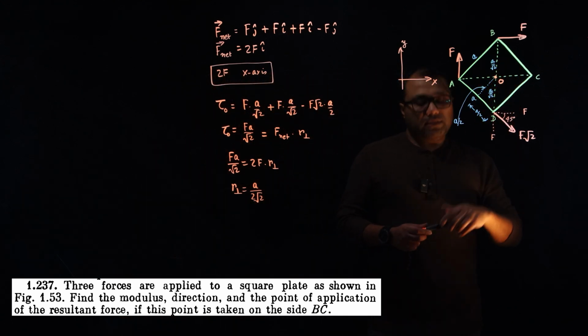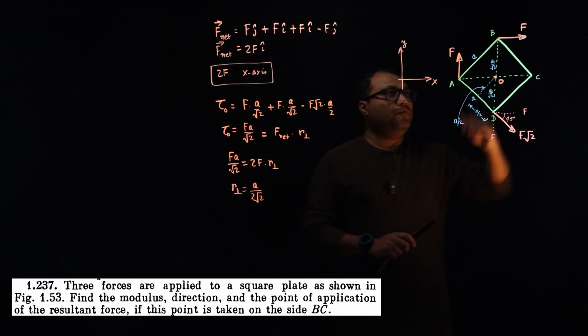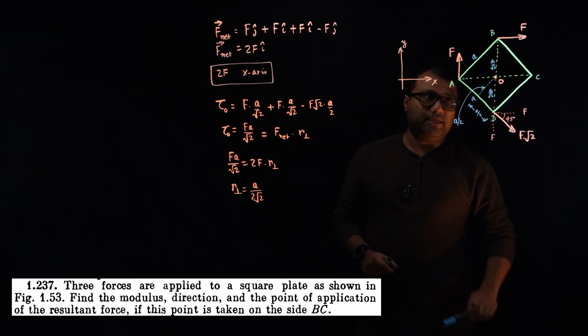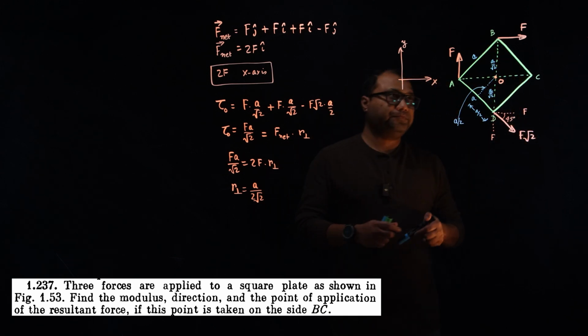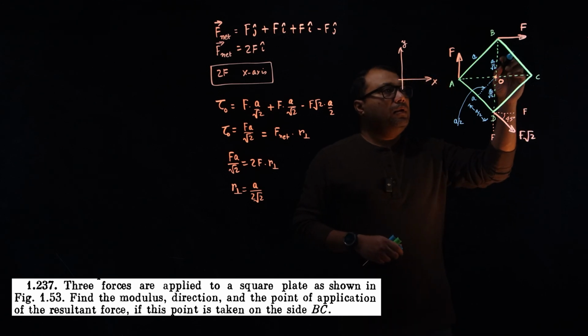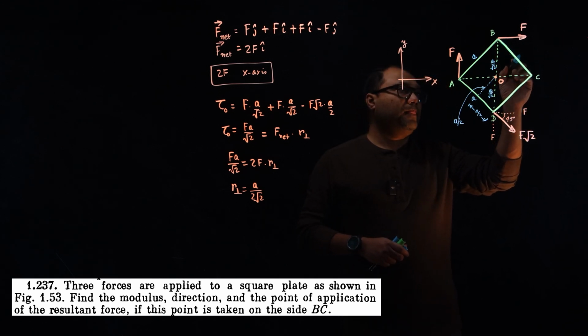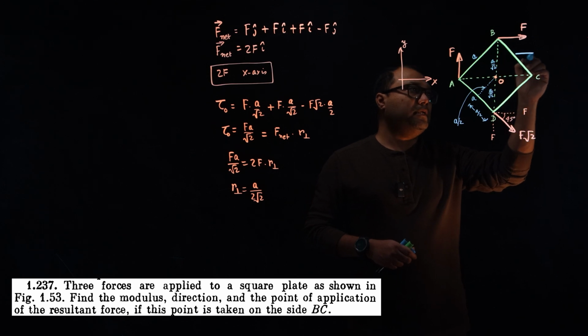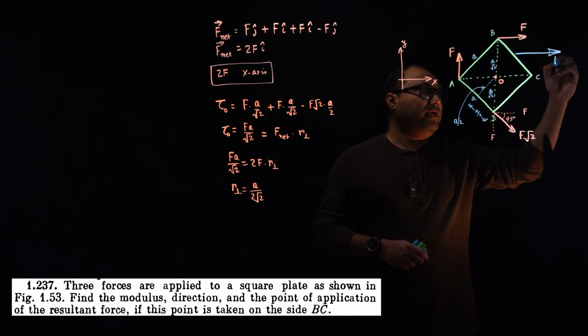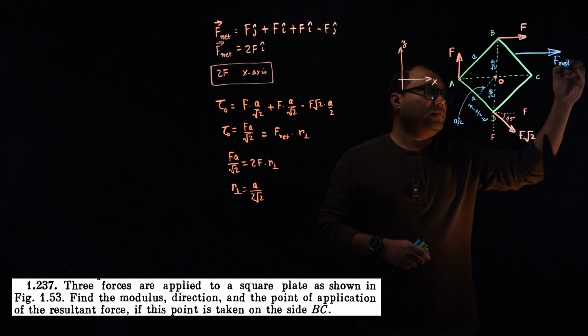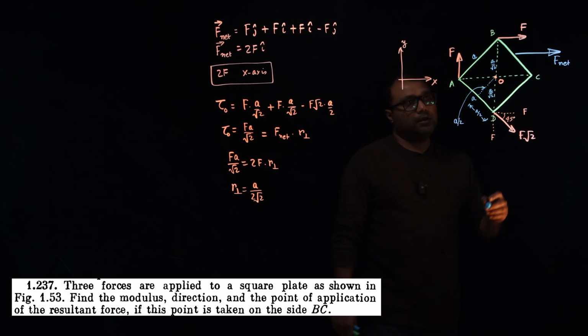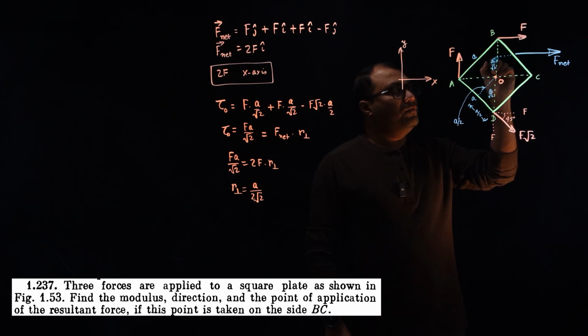Now, if the resultant force is acting on the side BC somewhere, let's say this is my F net, which is equal to 2F, the arm would be what?